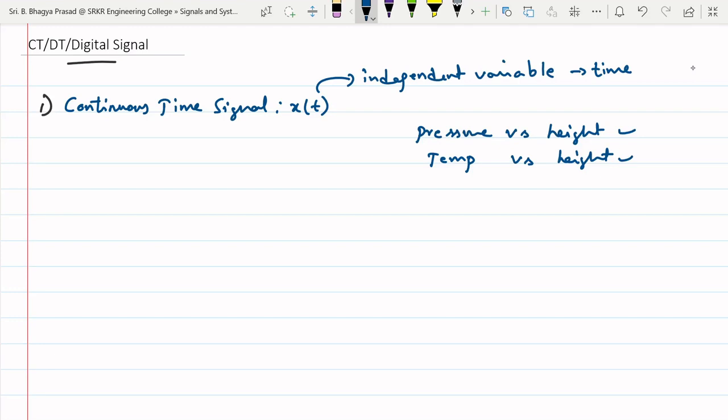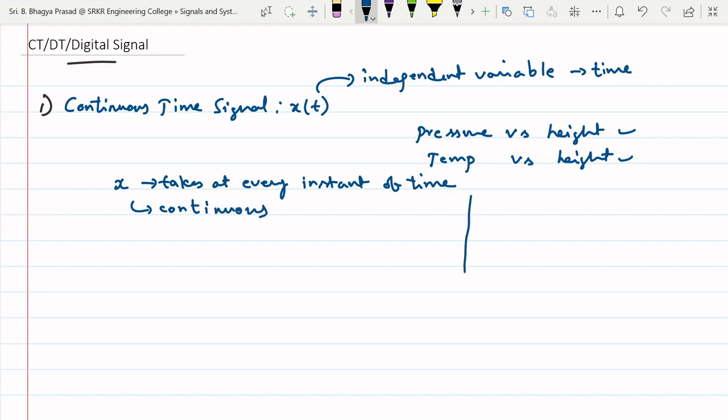Okay, so the continuous time signal x of t, this pressure or temperature, whatever the signal, whatever the value x takes at every instant of time. So the value is continuous, x is continuous. So this can be represented like this, at t, and this is represented as x of t at each and every value.